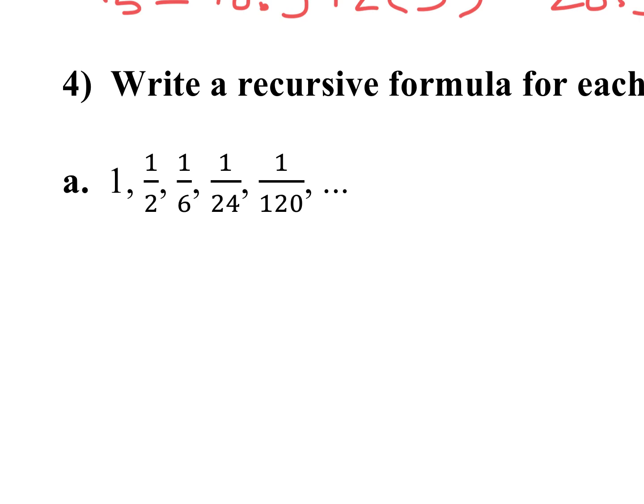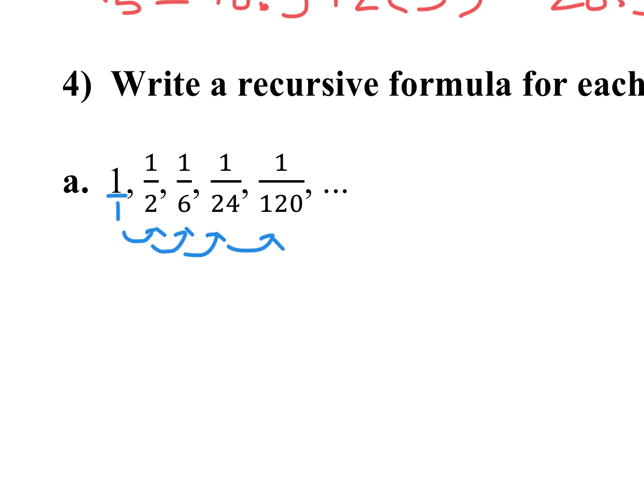What I notice is that if you pretend there's a 1 down here, the denominator gets multiplied by 2, then by 3, then by 4, then by 5.